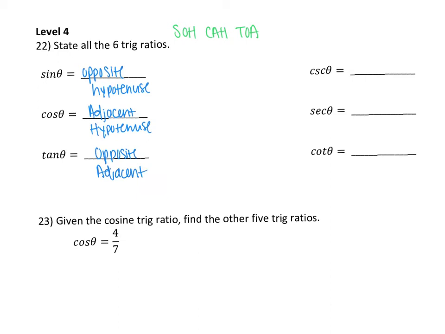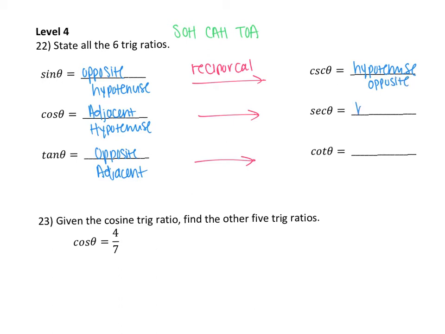All right, so now we're going to get into the reciprocal identities. This one here is cosecant, this one's secant, and cotangent. These here are reciprocals, so I'll write here reciprocal, which means that the fraction is flipped. So this would be the hypotenuse over the opposite for cosecant.